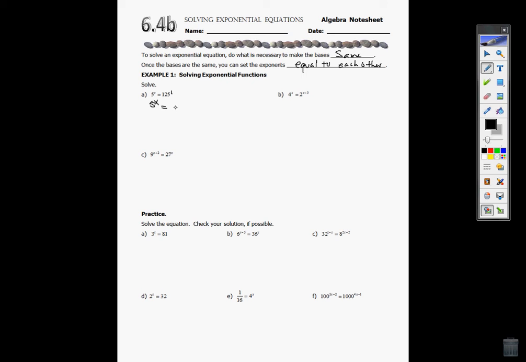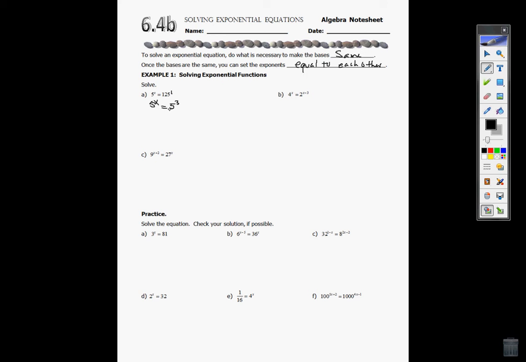Well, this is a particular example we've seen a couple times already, so hopefully you're getting better at recognizing that the cubed root of 125 is 5. So I can represent 125 as 5 to the third.